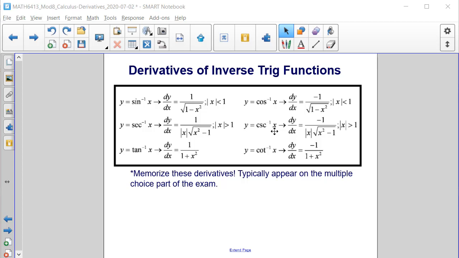And then for inverse cosecant, the derivative with respect to x is negative 1 over the absolute value of x times the square root of x squared minus 1. And that's provided that the absolute value of x is greater than 1. And for inverse cotangent, the derivative of inverse cotangent with respect to x is equal to negative 1 over 1 plus x squared.